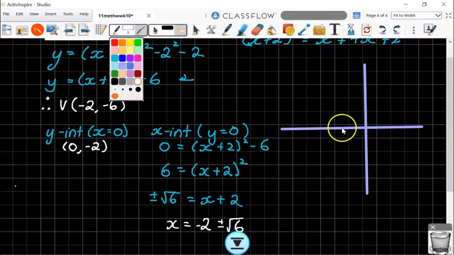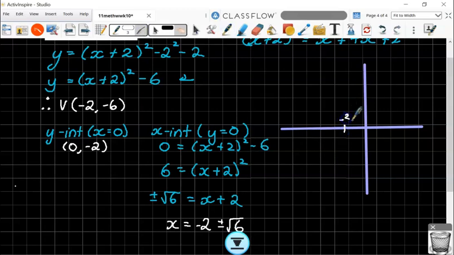Okay, so minus 2, minus 6, minus 2. I've even put my axis of symmetry down to help me sketch it, so I know I'm going to be nice and symmetrical around it.